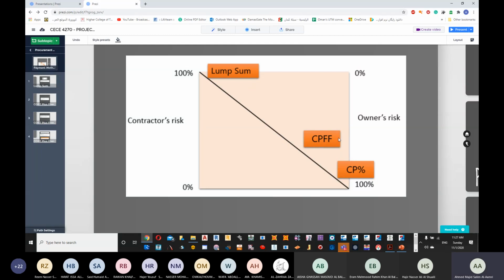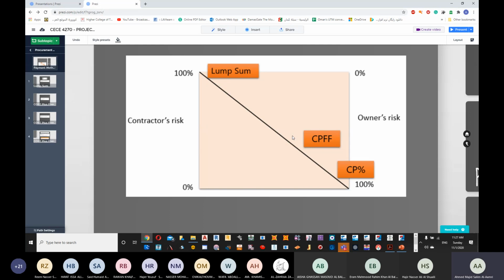Now why is this not coming exactly in the middle? We say the cost is unknown, which is higher than the fee. That's why it goes to the side of the owner having more risk, since the cost is more than the fee itself. Okay, are we okay?